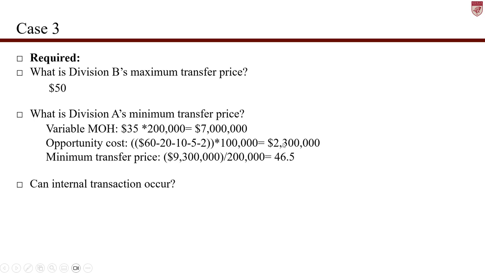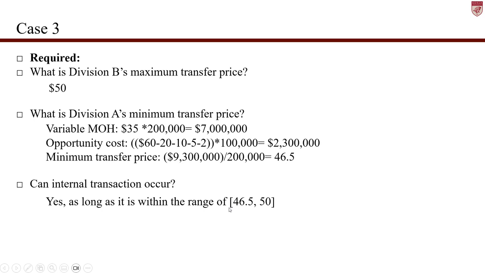And that will be $2.3 million. So now the minimum transfer price is going to be 7 million plus 2.3 million divided by the 200,000 units that are going to be internally transacted. So $46.5. Internal transaction would only occur as long as it's within the range of 46.5 and 50.